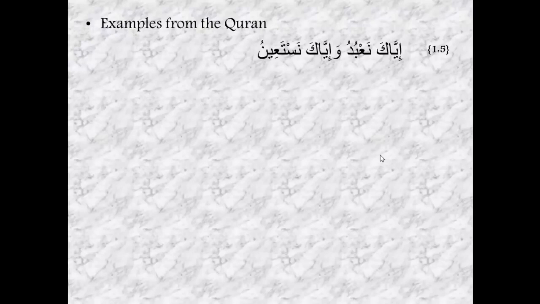So the verbs here are na'budu, which is conjugated for nahnu, and nasta'in, conjugated also for nahnu. So nasta'in should actually be nasta'inu with a dhamma on the end if you pronounce the entire verb. But since we're stopping, we stop with the sukun in recitation.